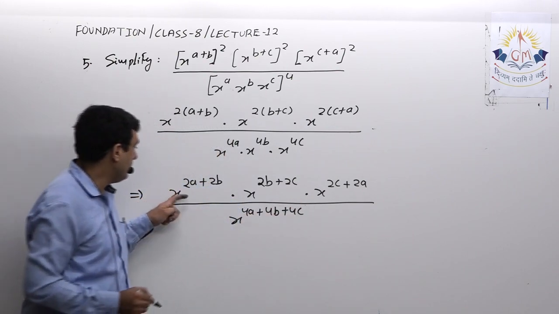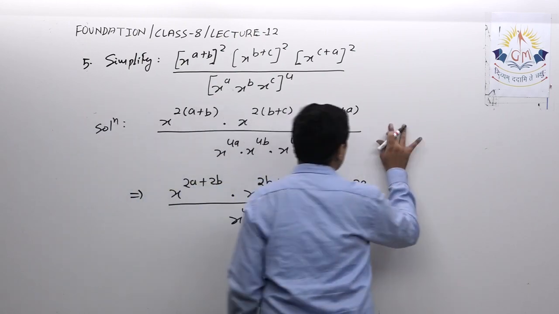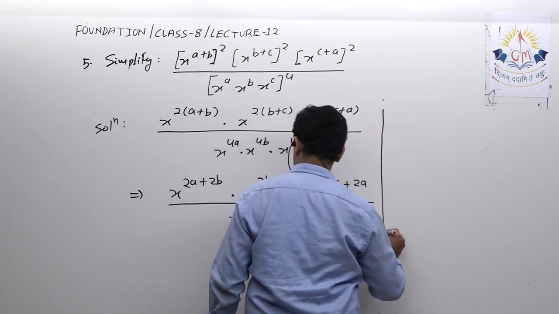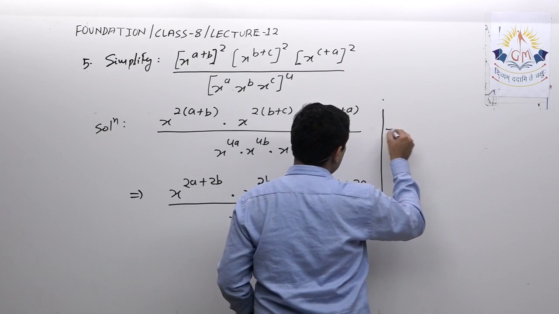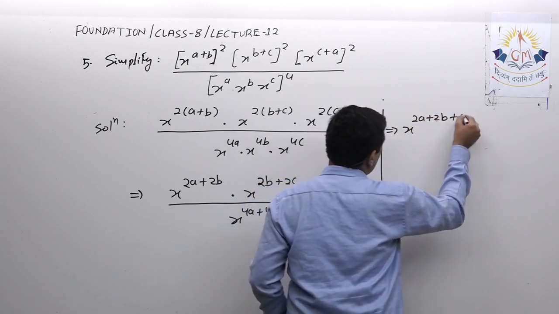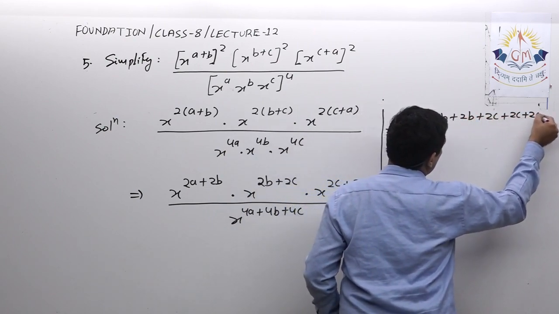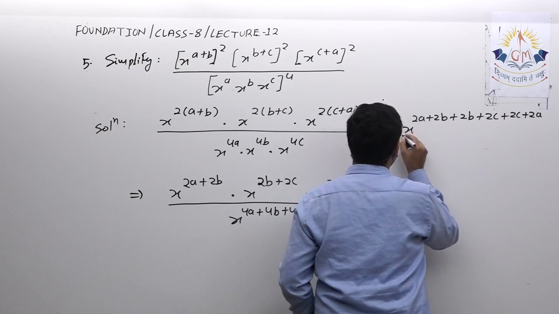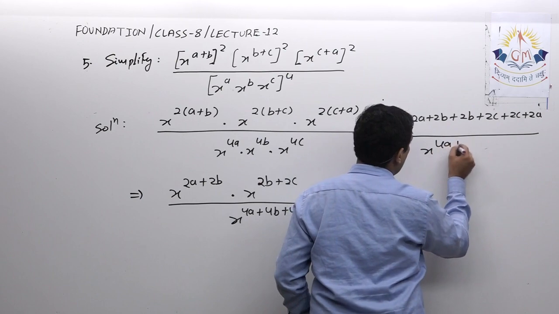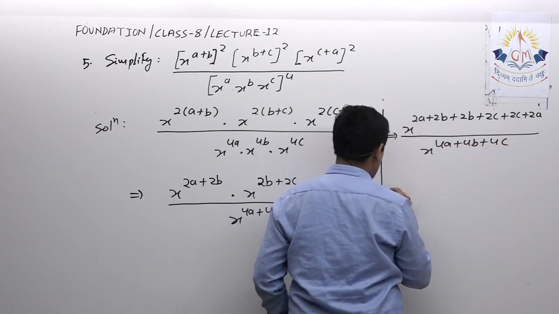Now over here bases are same, so again I can apply the product law. So here I can write in next step x raised to 2a plus 2b plus 2b plus 2c plus 2c plus 2a, whole divided by x raised to 4a plus 4b plus 4c.